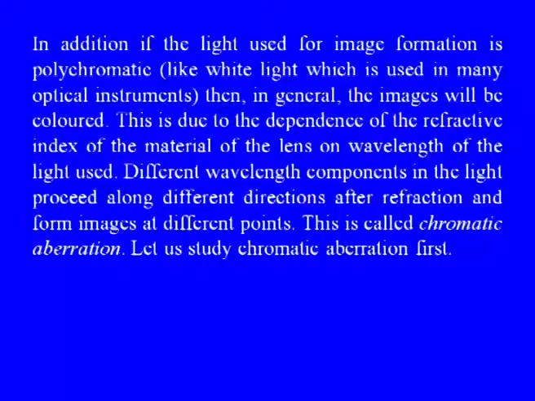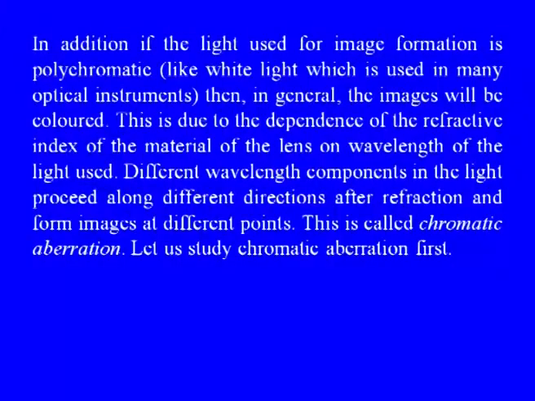In addition, if the light used for image formation is polychromatic, like white light, which is used in almost all optical instruments, then in general the images will be colored. This is due to the dependence of the refractive index of the material of the lens on the wavelength of the light used.